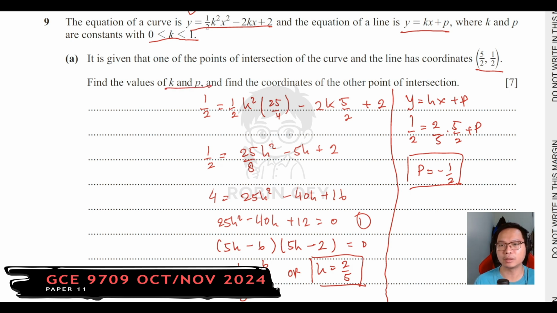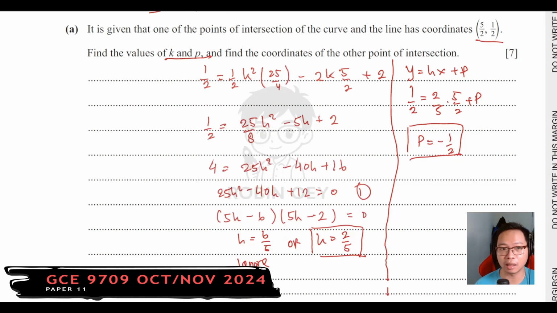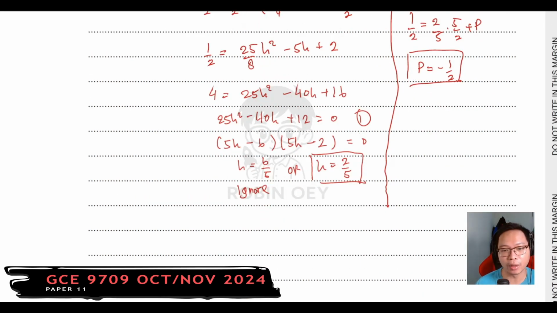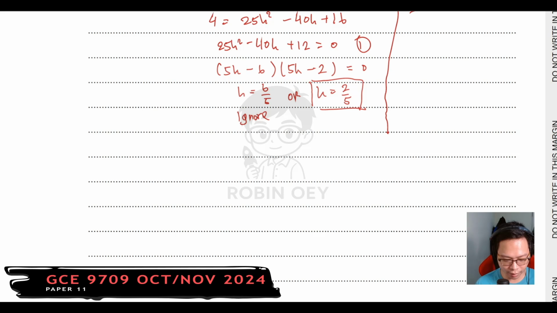Now, find the value of k and p, we are done. And then find the coordinates of the other point of intersection. That means we need to put both of these into the equation. Some people will find this annoying, because it's quite long. So we have half k square x square minus 2kx plus 2 equals to kx plus p.